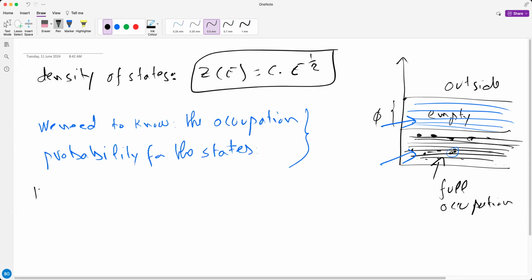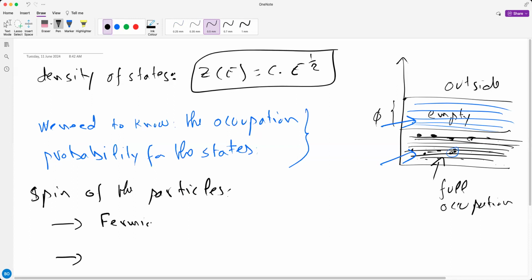According to the spin of the particles, if you remember, the particles are classified into fermions and bosons.